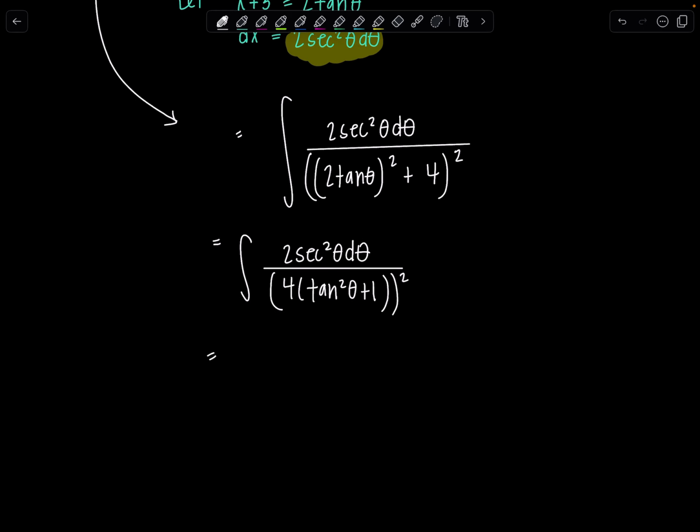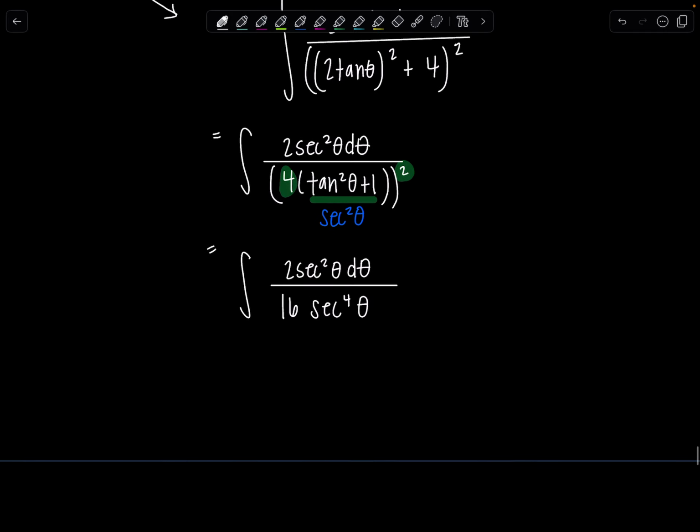Now I'm going to distribute that exponent, the squared, to the 4, as well as to this entire quantity in here, which I'm going to replace with secant squared theta, right? Remember, that's why we do trig sub. So here now we're going to have 2 secant squared theta d theta over 4 squared is going to become 16. And then this is all really secant squared theta squared, which is secant to the 4th theta.